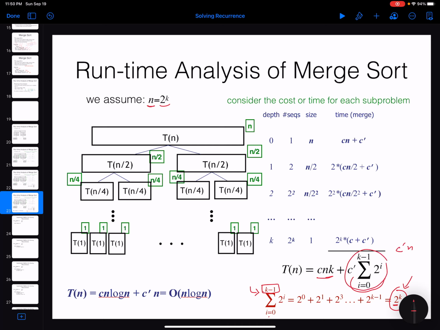But I'm going to solve the same recurrence relation using the substitution method here and show you that both of them give you the same result. So again, the original recurrence relation that I have is T of n equals 2T of n divided by 2 plus cn. And I know that when n reaches 1, the cost is going to be constant.